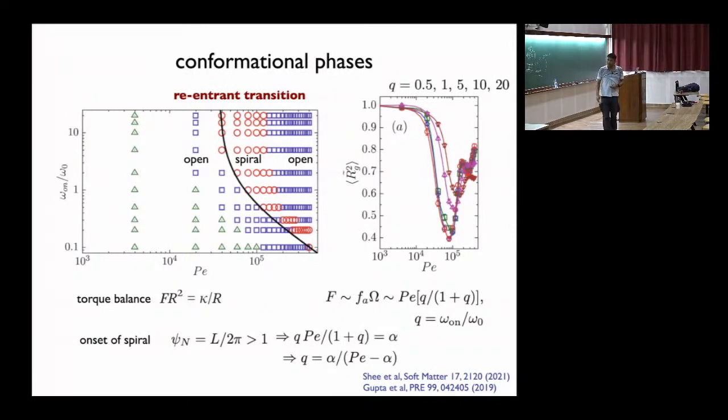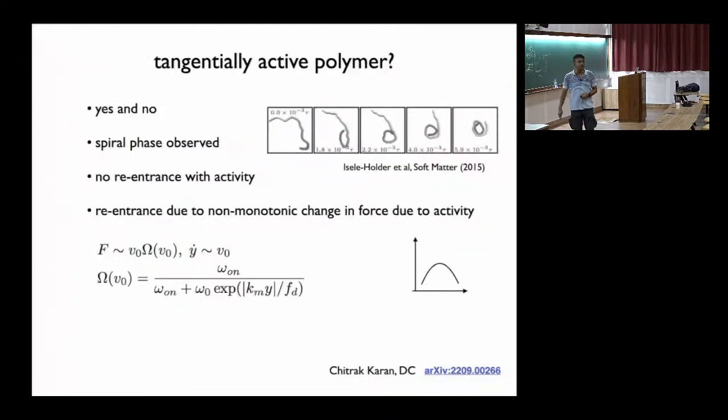So this is the phase boundary, and you understand that it is just giving this torque balance condition: only if you have at least this amount of torque can the filament get into the spiral. If the torque is less than that, it will not be able to. But this argument is a pretty mean-field argument. It just assumes that I have a filament which nicely gets into a spiral and never comes out.